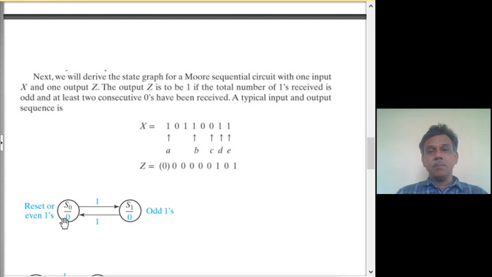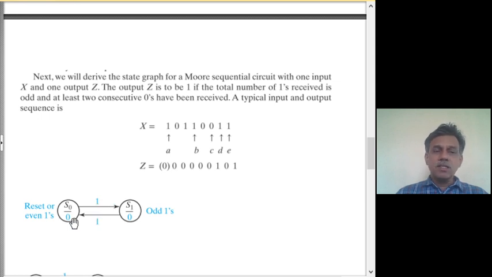Now, if the next bit is 1, the count will become odd. When the count is odd and a bit 1 occurs, it will become even. We know this property. So, we can switch between these 2 states, one called even, another called odd, based on a 1 occurring.